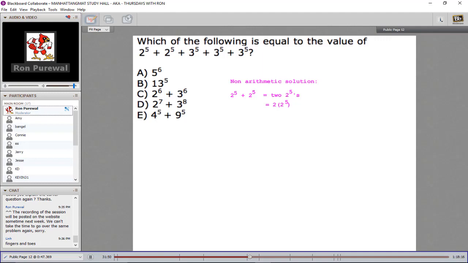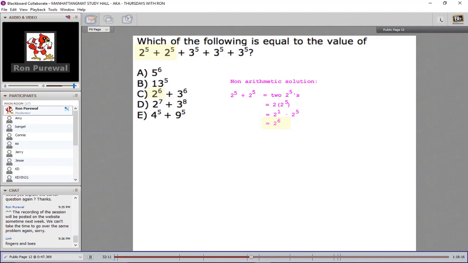But 2 is 2 to the 1. So that's why that works out to be 2 to the 6th. So these terms are that term.